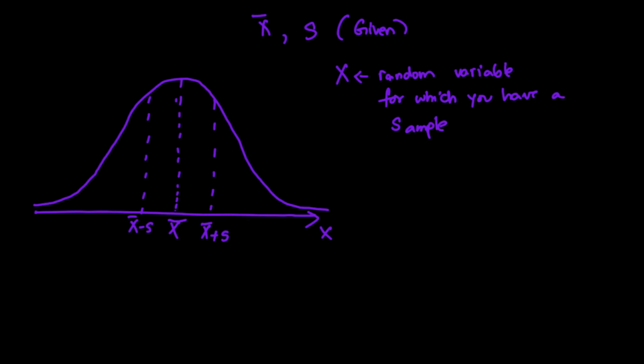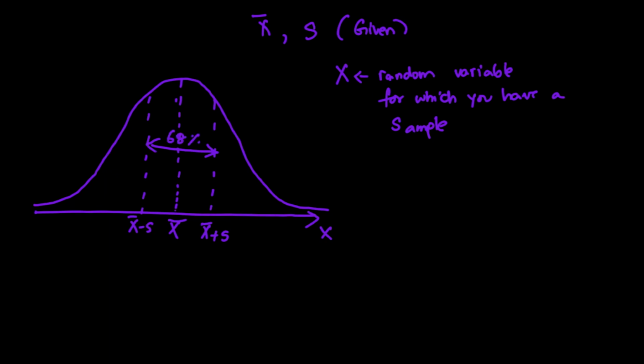So the rule, the empirical rule, states that for any observation that falls on this interval between x bar minus s and x bar plus s, the probability of occurrence is 68%. So the probability is given by the area over here.